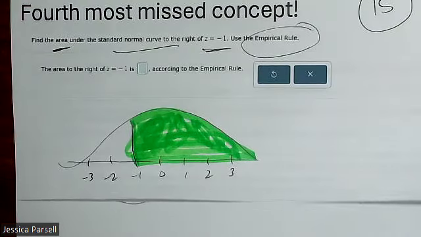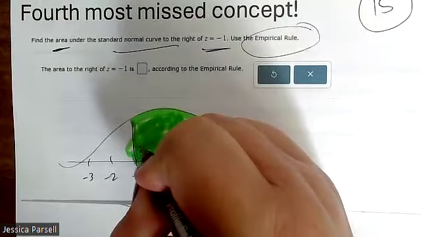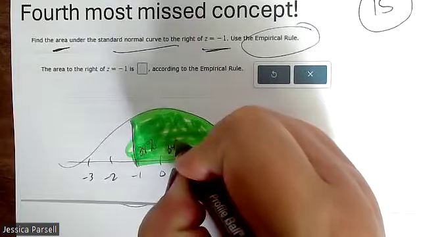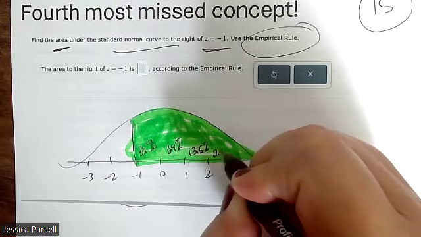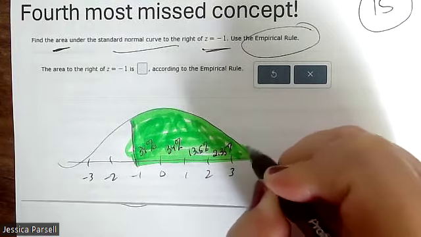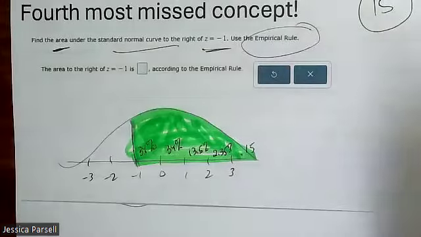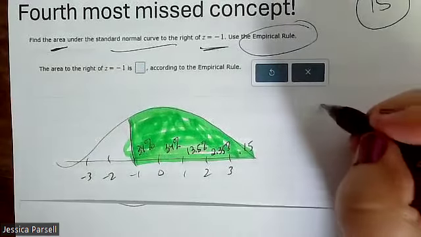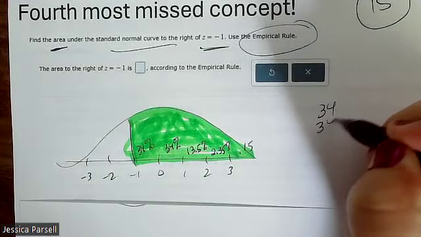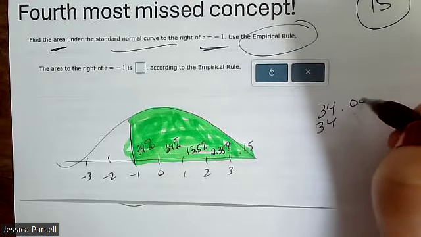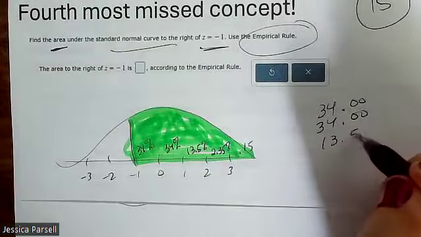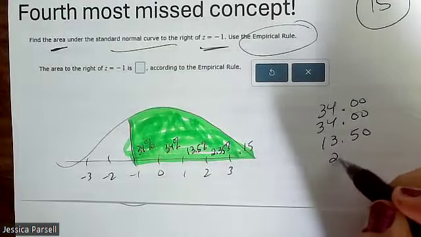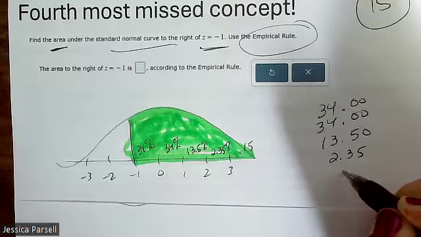All right, so we know according to the empirical rule, 34% are here and here, 13.5% here, 2.35% here, and 0.15 there. So we just need to add those up. So 34 and 34 and 13.5 and 2.35 and 0.15.